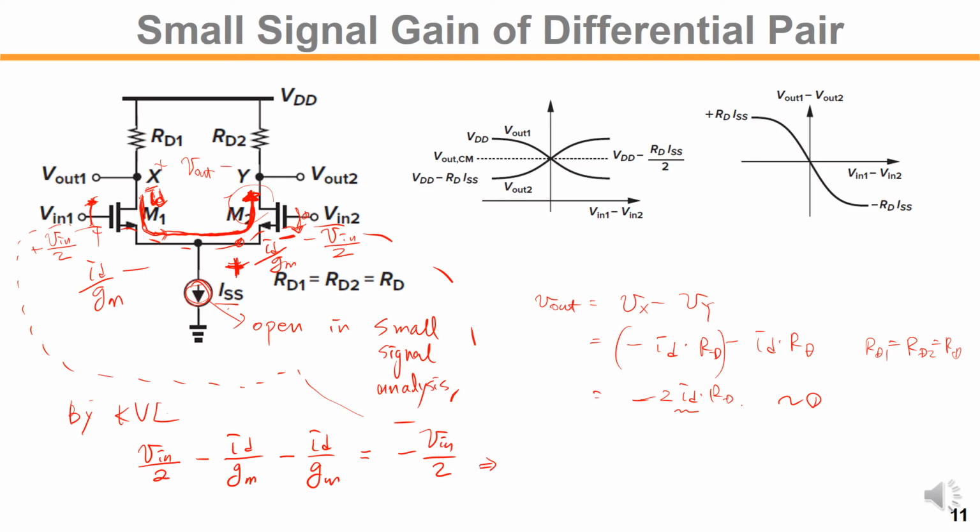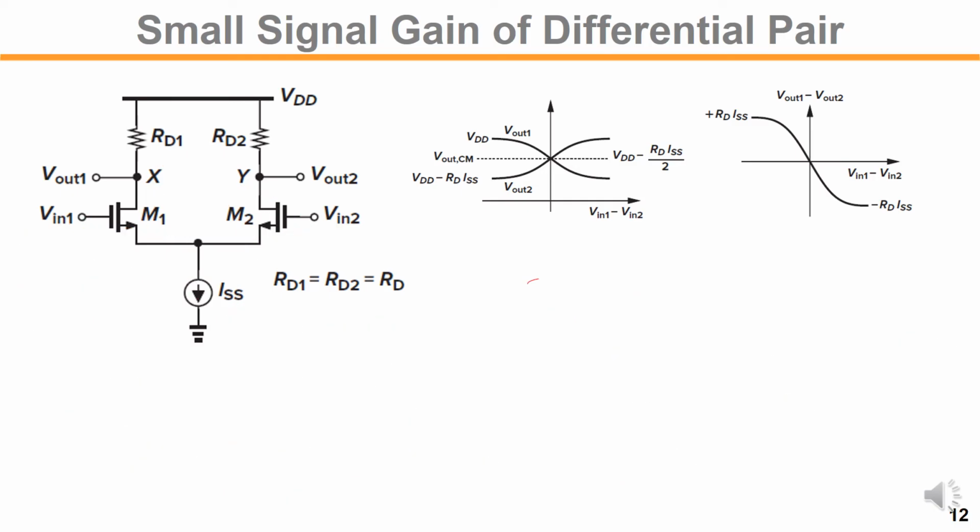So finally, ID is what? ID equal to GM times Vin over 2. Finally, we have two equations. The first equation is Vout equals minus 2 times ID times RD, and the second equation is ID equal to what?